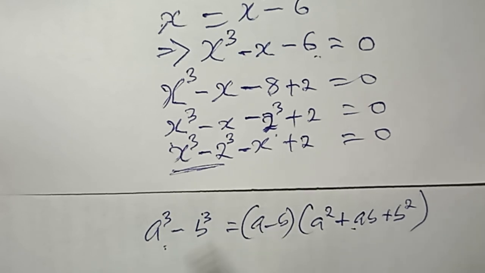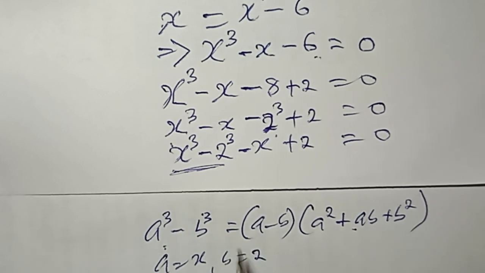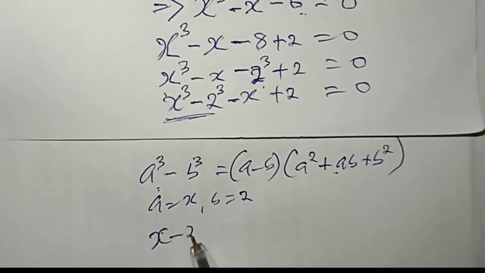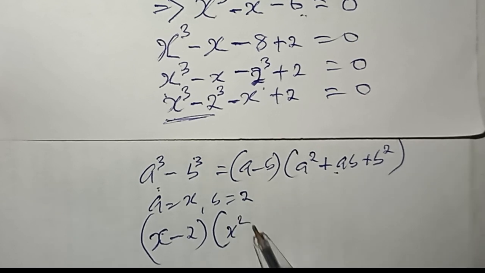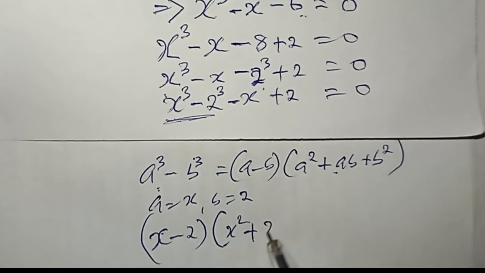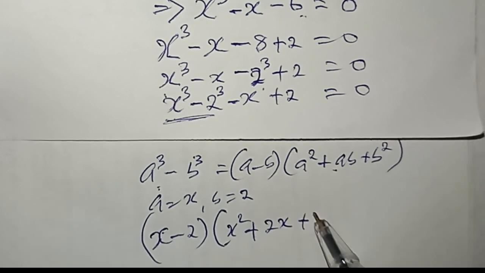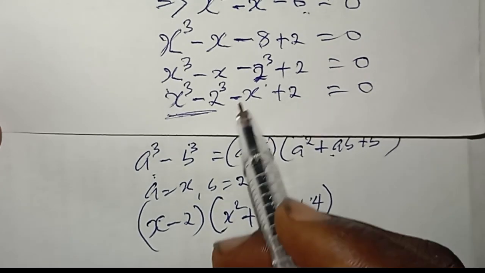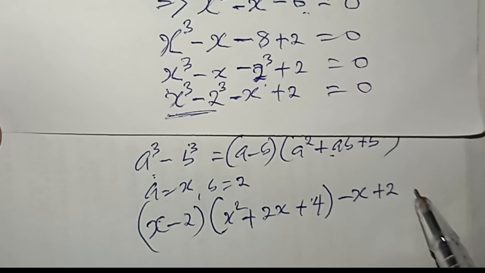Where our a is equal to x and of course our b is equal to 2, so I'm going to be having that this will give me x minus 2, okay, into x squared and then plus 2x and then plus 2 squared, which is actually 4, okay, and then I add this minus x plus 2 is equal to 0.